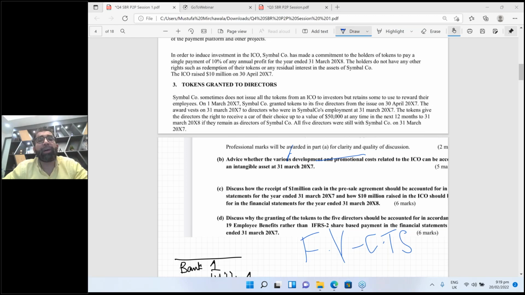Why? Have you ever studied the definition of cash equivalent? Open your eyes and ears. Cash equivalents are those liquid investments which are readily convertible into cash, and they carry insignificant risk.